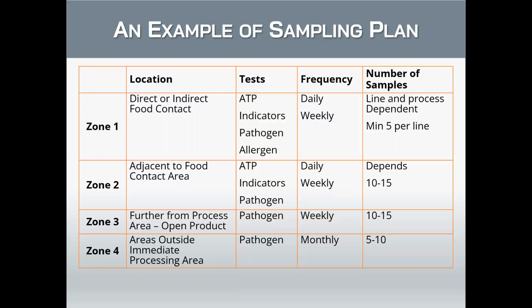Here is an example of a sampling plan according to the zoning concept. It is basically for a small food manufacturer. So in zone 1, you can test ATP, indicators, and pathogens. If you have an allergen control program, that might also include allergen testing.